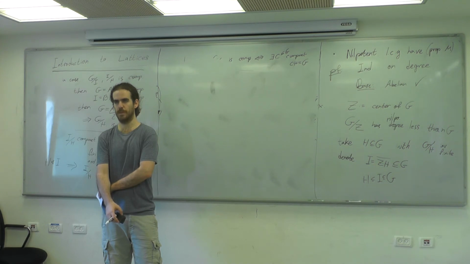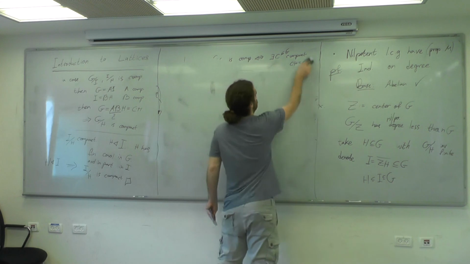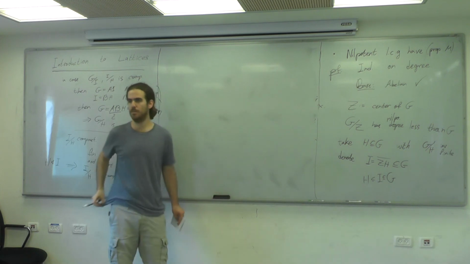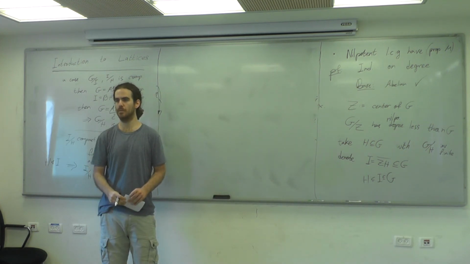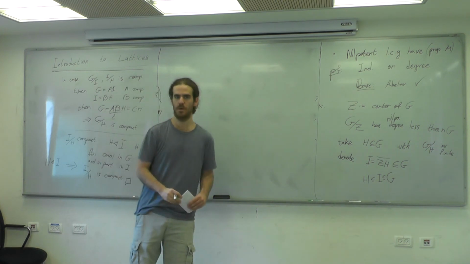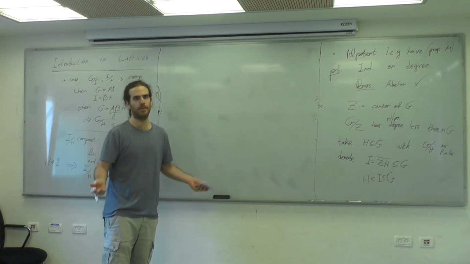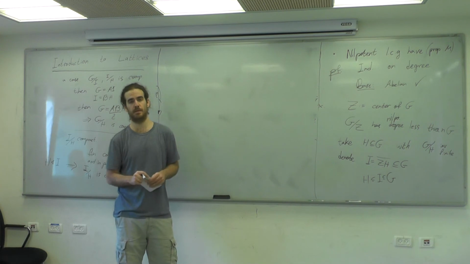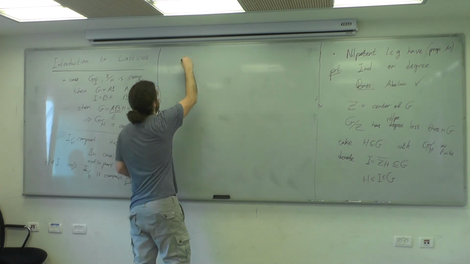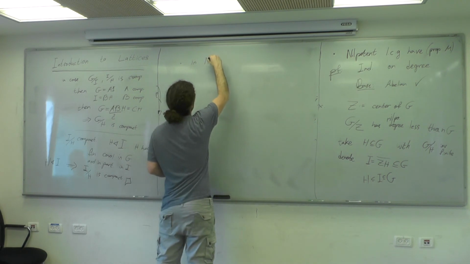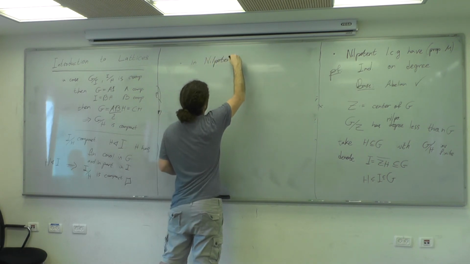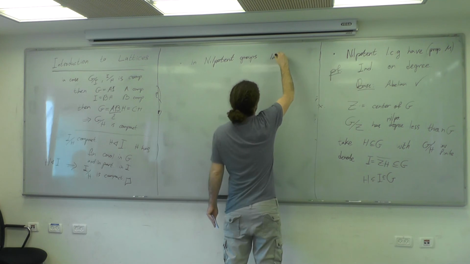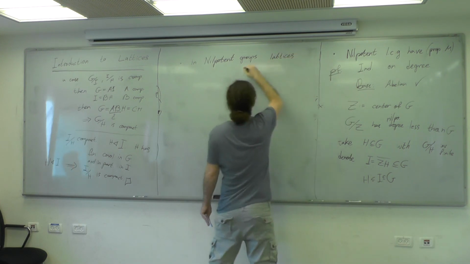Yes, here, the normality of H in I. So groups that satisfy property M, in particular, have their lattices definitely uniform. So in nilpotent groups, lattices are uniform.